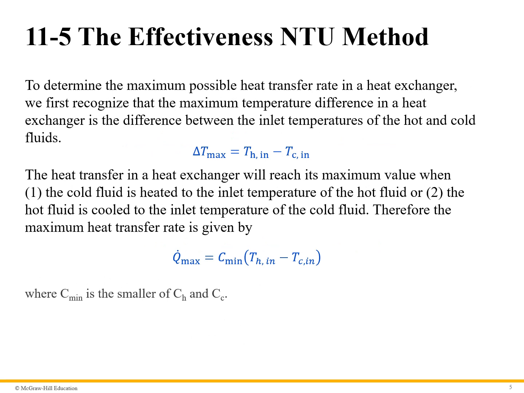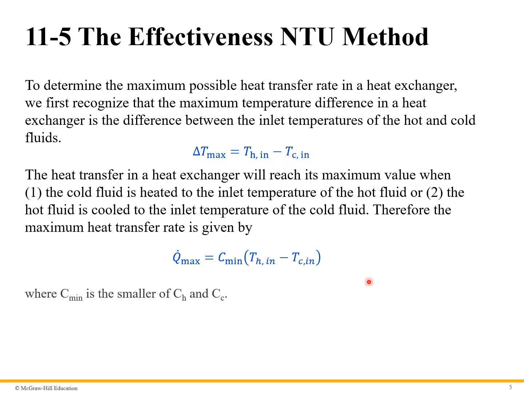So to determine the maximum possible heat transfer rate in a heat exchanger, we first recognize that the maximum temperature difference in a heat exchanger is the difference between the inlet temperatures of the hot and cold fluids. So delta T max is given by the following expression, T_H,in minus T_C,in.